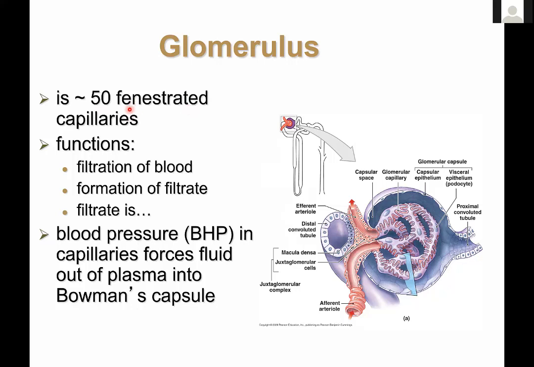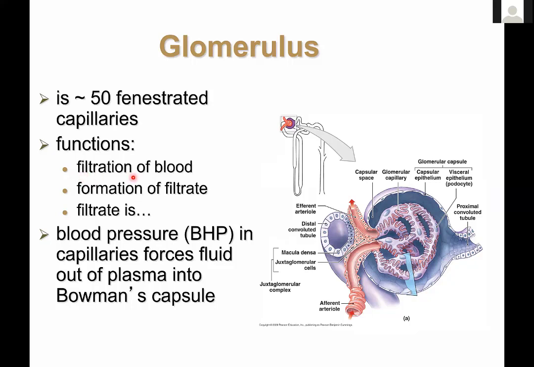Remember, fenestrated means windowed. These contain large openings. And they contain large openings because they're under constant pressure. So typically the diameter of the afferent arteriole is bigger, wider, than the diameter of the efferent. So this means that this capillary bed is under constant increased hydrostatic pressure. So plasma is going to be leaking out.